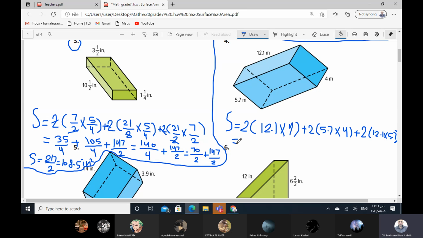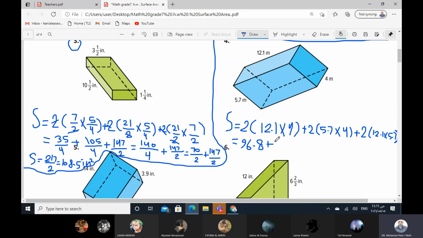Now we can calculate. Here we have 2 times 12.1 times 4. So the answer will be 96.8, plus. Here we have 2 times 5.7 times 4.